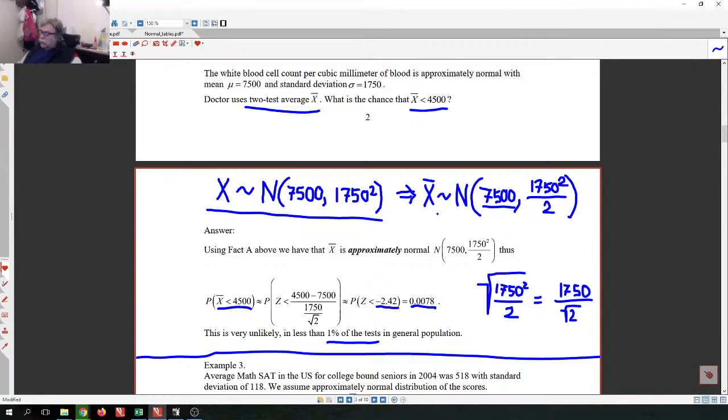And we concluded by fact B that the average of 2 white blood cell counts will also be approximately normally distributed, with the same mean, 7,500. Only this one will have a variance that is half of this variance. Why? Because that's the sample size, 2. So you need to divide by 2. That's what fact A of the Central Limit Theorem says.